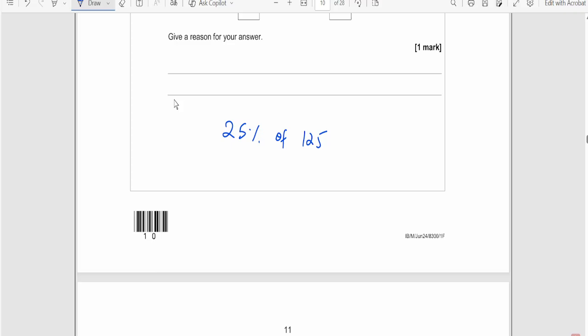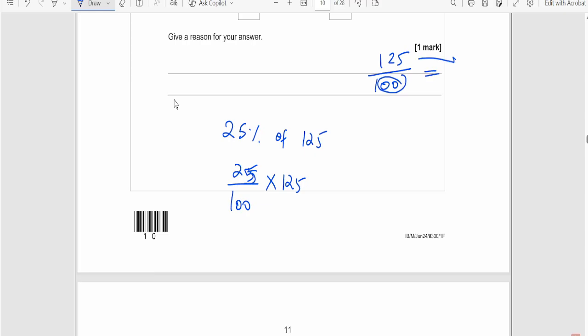You can just convert this 25% into a fraction first. When we remove the percentage sign, percent means out of 100, right? So you get 25 over 100. Of means times 125. If you divide a whole number by 100, or 1000 or 10, any number that has zeros, so there are two zeros, right?